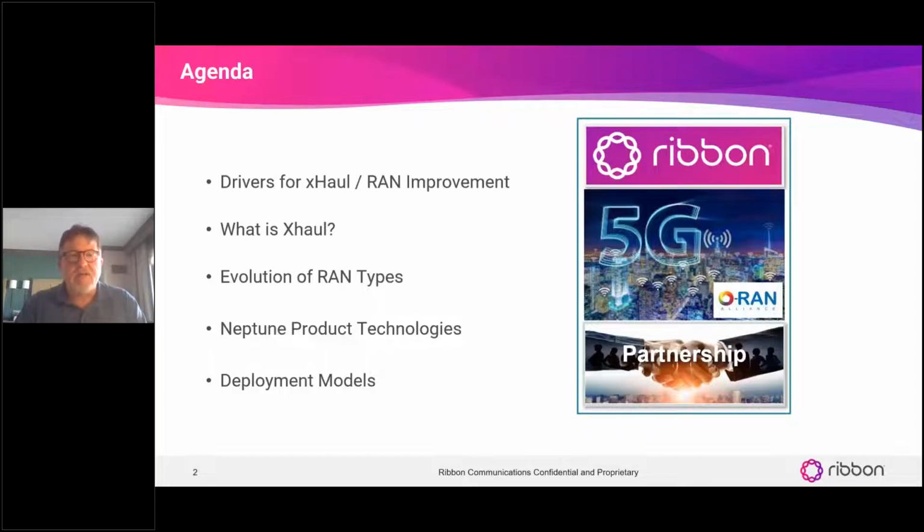Then we're going to talk about Ribbon's Neptune product. It is uniquely suited to support the various xHaul strategies out there today and fits in every RAN architecture that is currently available. And we'll talk about some deployment models as well.